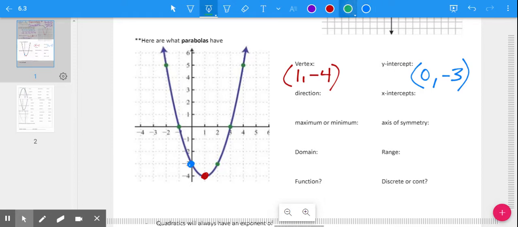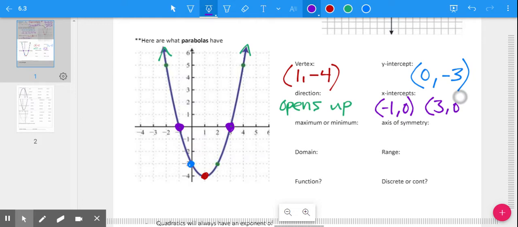The direction of this graph, because those arrows are pointing up, it opens towards all the positives. So we say this opens up. It's where it opens toward. The x-intercepts, again, something you've seen before, is where it intersects the x-axis. So that's at (-1, 0) and (3, 0).